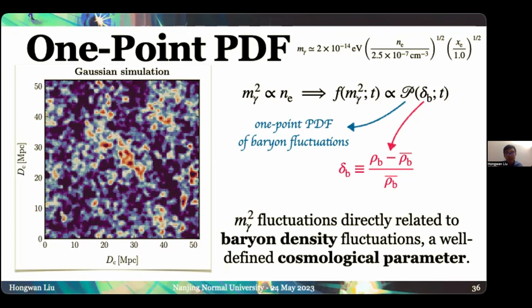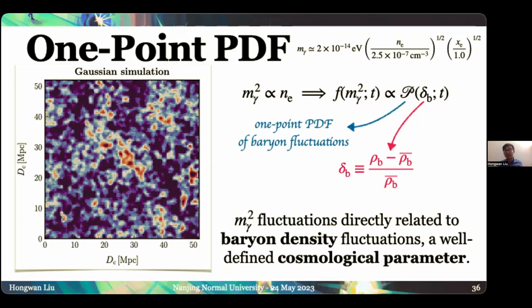And so the PDF of finding m_gamma squared as a function of time is ultimately proportional to the PDF of finding some baryon overdensity as a function of time. So we've reduced the calculation of the sky-averaged probability of conversion of photons to dark photons to requiring just this one cosmological parameter, which is the PDF of baryon fluctuations.